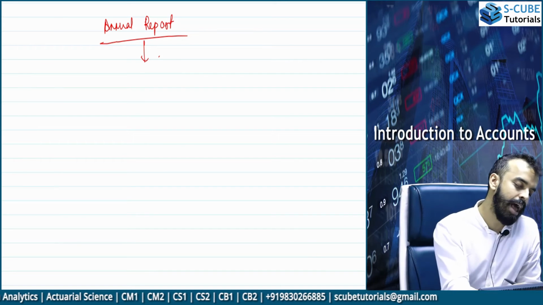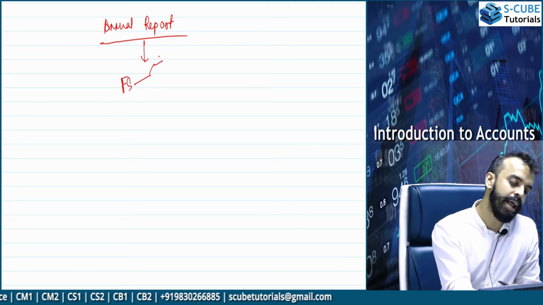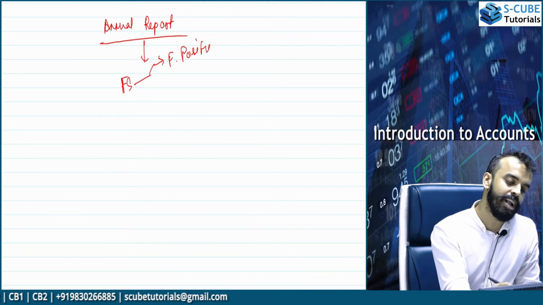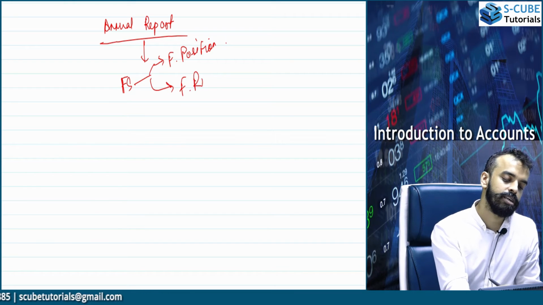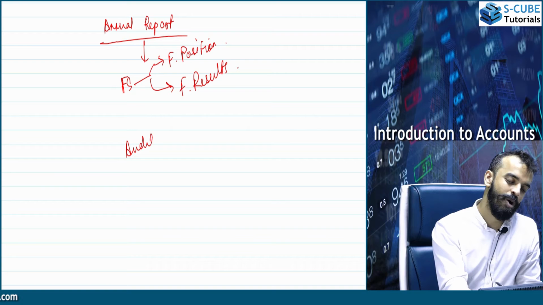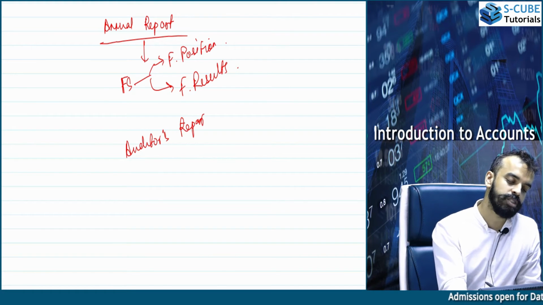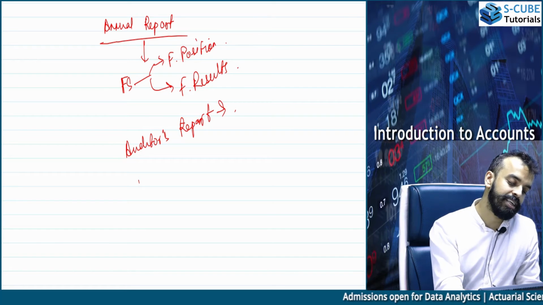An annual report will have the financial statements, which will give a picture of financial position, like I said, and financial result, whether there is profit or there is loss. They will also have the auditor's report, which will include a lot of standardized reporting, and there will be the director's report.